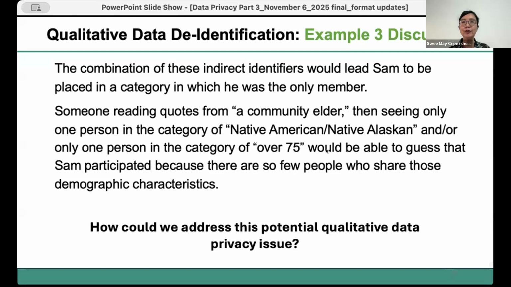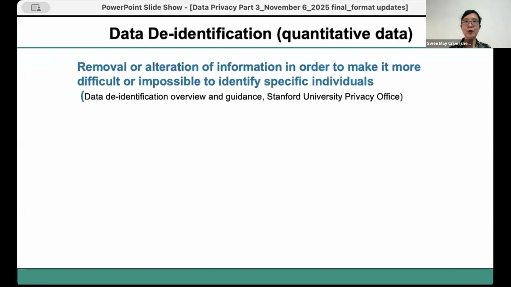So it is very important to think about ways along each step of the data collection process, the data analysis process, and reporting process, how we are safeguarding the information from individuals being able to figure out who is specifically referred to in the data. So protecting privacy and safeguarding the personal information. And now I'll focus on quantitative data.